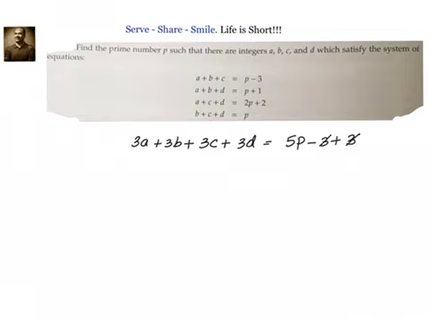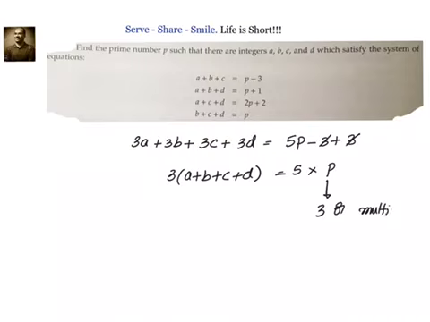So we get 3 into (a plus b plus c plus d) equal to 5 into p. Now we have been given that p is a prime number. From this equation, without considering p as a prime number, the p value can be 3 or a multiple of 3. But we know p is a prime number, so p is equal to 3.